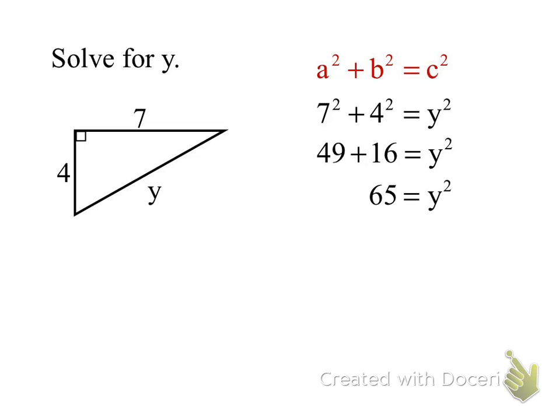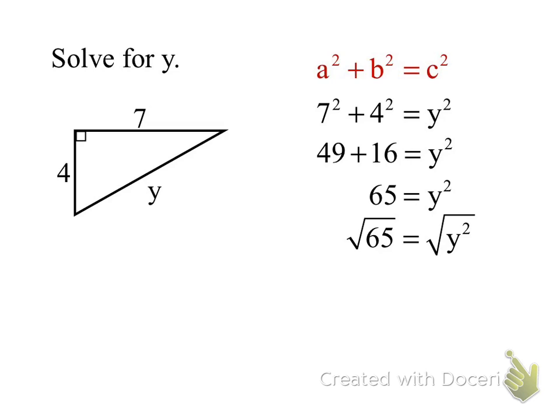65. Okay, so here's where it gets a little bit difficult. We root both sides. Now, you can give your answer in two different ways. If it's a word problem, you're likely to be estimating. But when we're in this section tonight, and it's just a math problem with Pythagorean theorem, you can estimate or do reduced radicals.